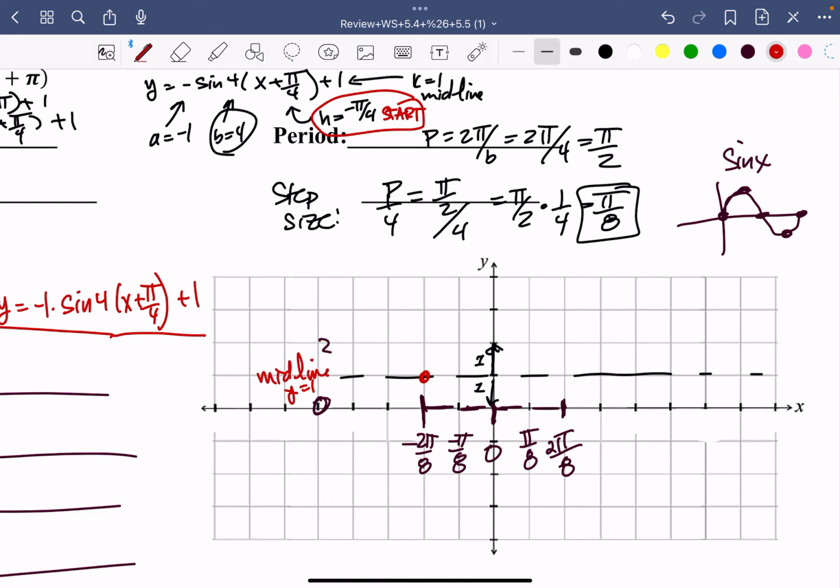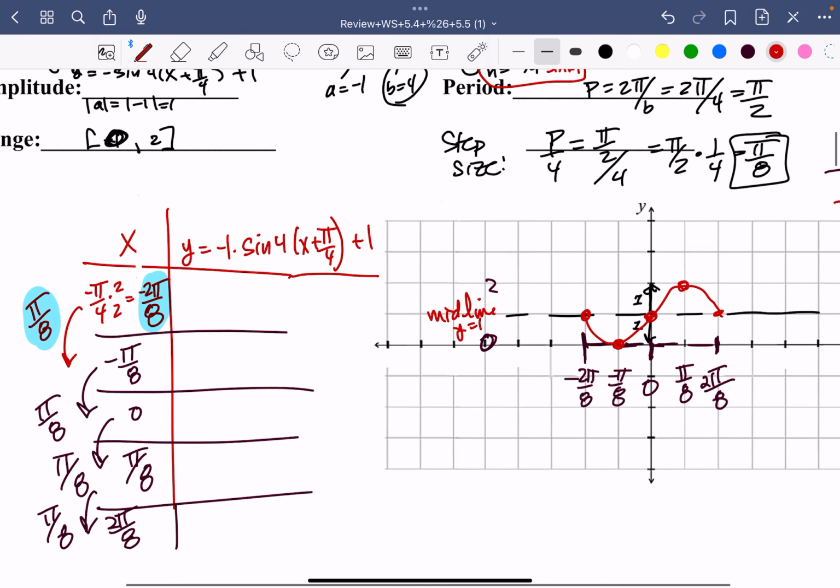So I started at the midline. Instead of going up to a peak, negative sine starts at 0 and goes to a valley. Then it goes 0, peak, 0. So this would be negative sine. I'm going to go to a valley, a midline, a peak, and a midline. It's going to look like that.